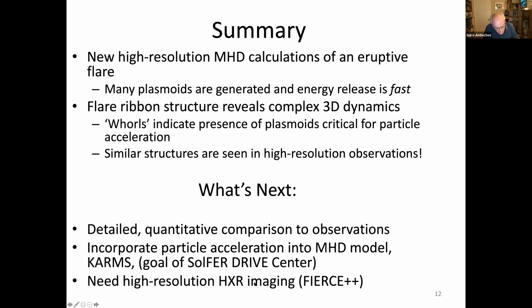We need the next generation mission after RHESSI. FIERCE is one such proposal, but whatever it is, we need to advance our understanding of flares by advancing our observations of the high energy release. So hopefully we'll get something like this for the next maximum.